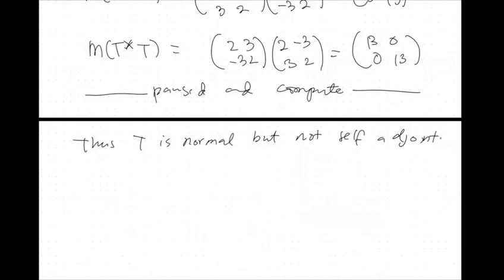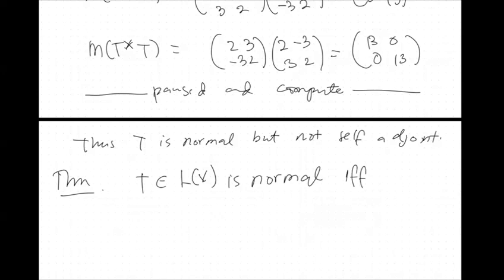Okay. We will now characterize a normal operator. An operator T is normal if and only if the norm of T(v) is equal to the norm of T adjoint (v) for all v in the inner product space.